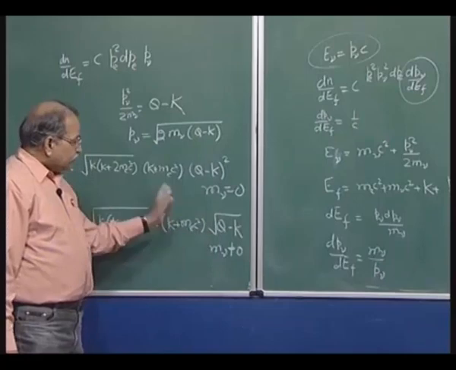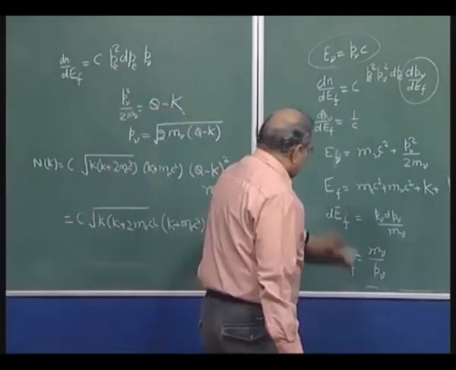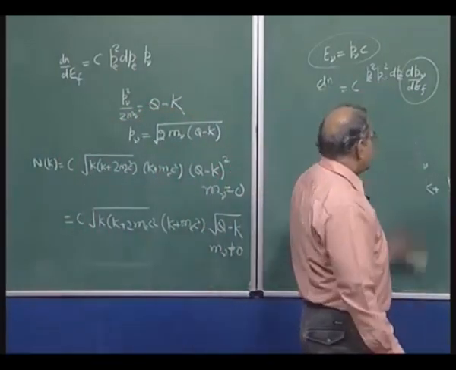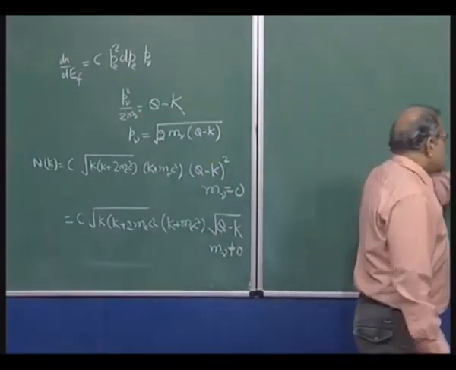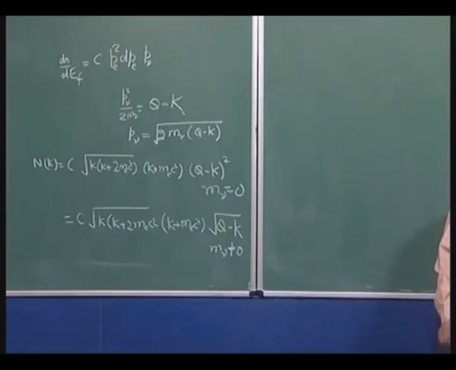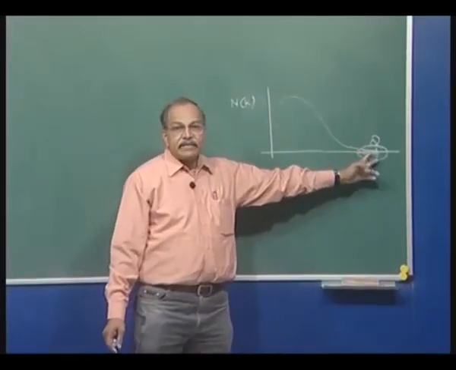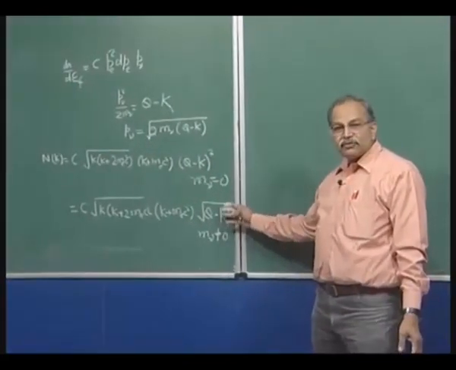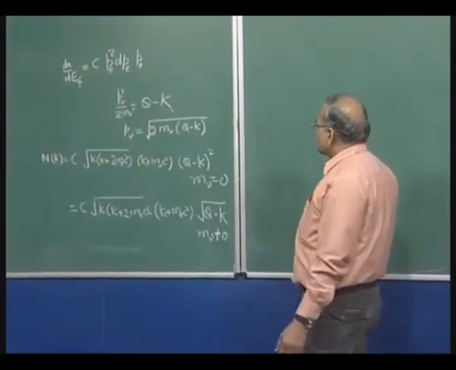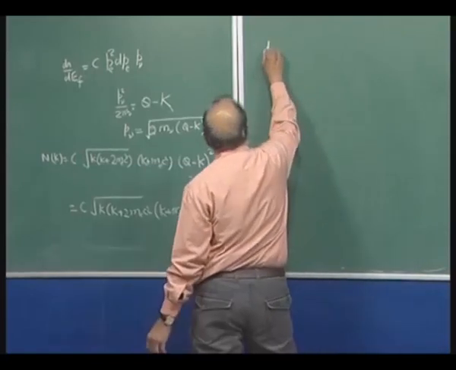Now, just to show how different these two expressions can be, they can be quite different in this tail range: this (Q minus K) squared here and square root of (Q minus K) here. Just take this dN over dK.